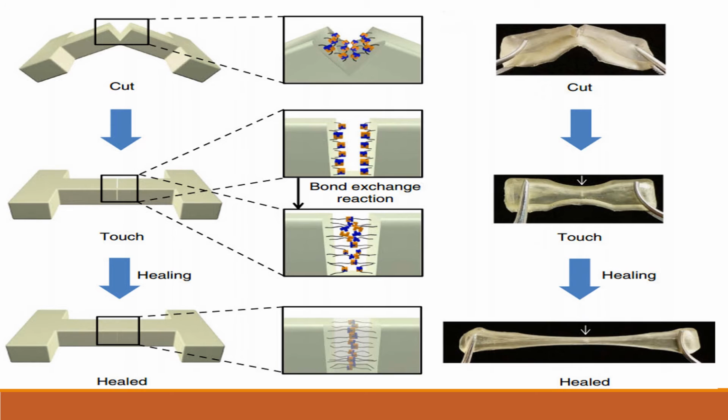See there, in this particular polymer, a cut has occurred and the bond exchange reaction occurs at that point where the cut has occurred, and finally the polymer gets healed.